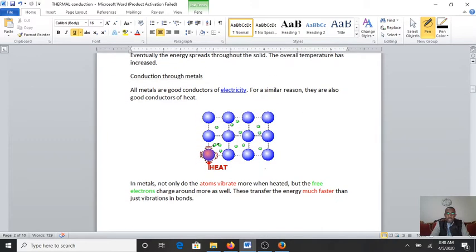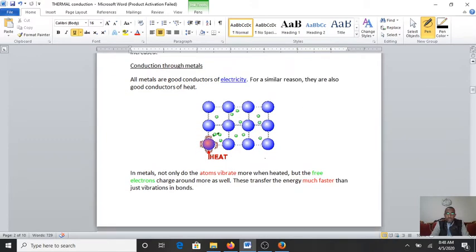When we are dealing with metals, in metals there are some free mobile electrons. These ones here represented in green. So when you heat, just like before, even these electrons are heated up and they move even faster, moving around here.